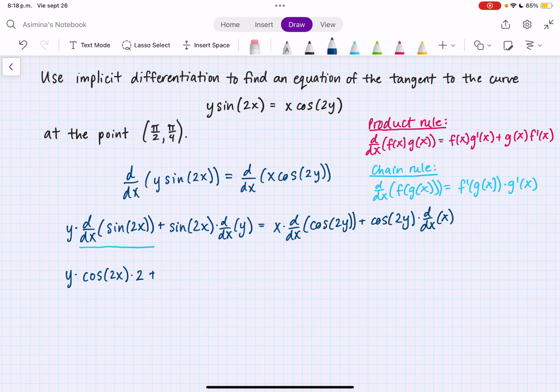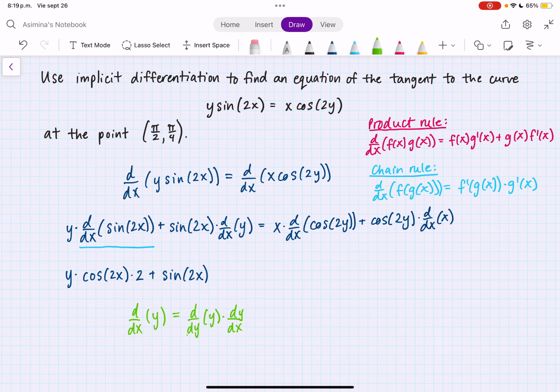Now we carry on, so we have plus sine of 2x times the derivative of y with respect to x. So now y is a function of x, and recall that d dx of y, let's say, is really equal to d dy of y times dy dx.